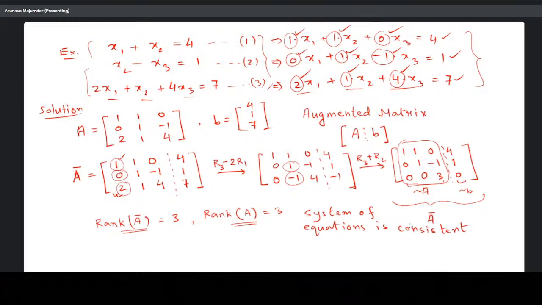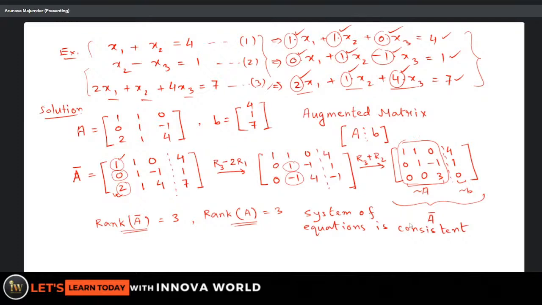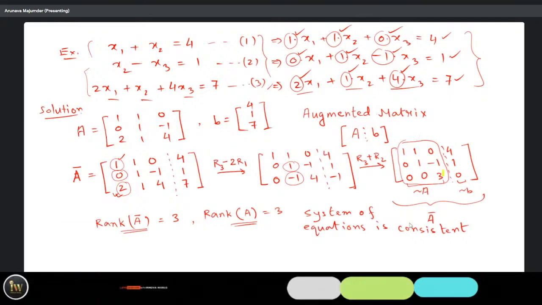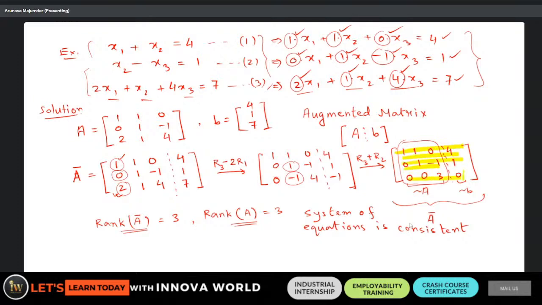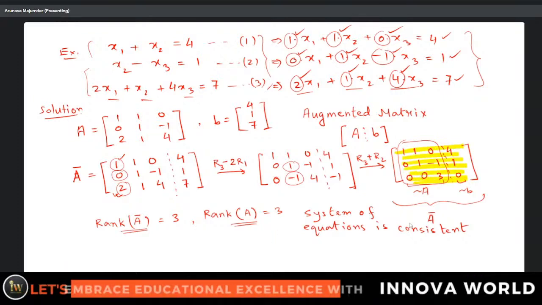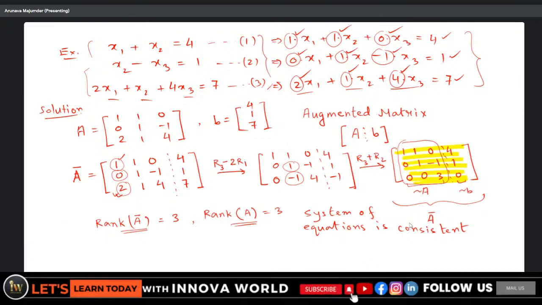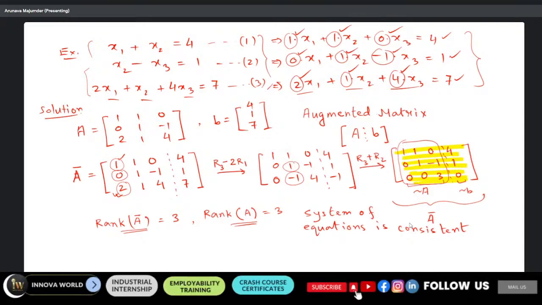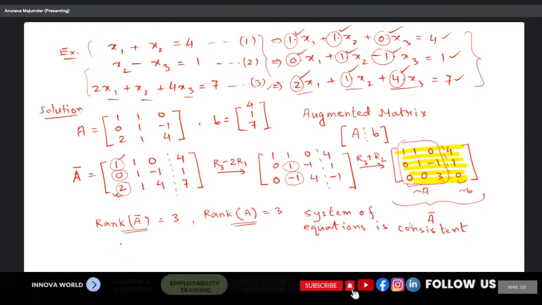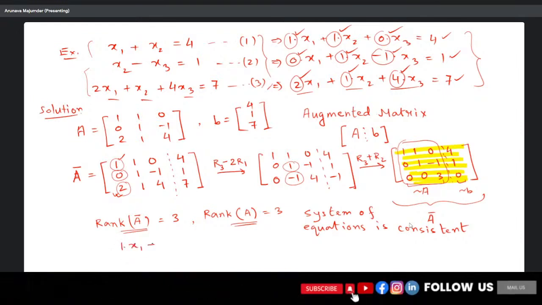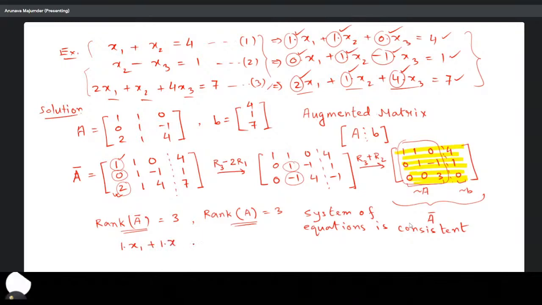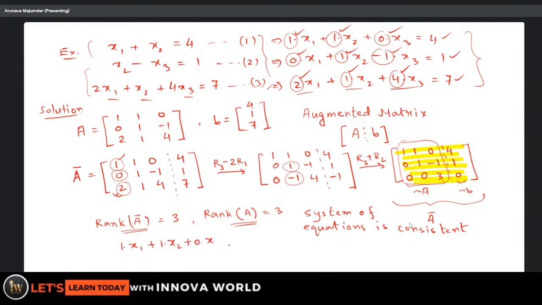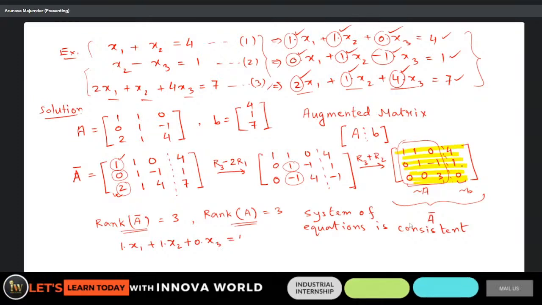Now how can you find the solution? Look at the last matrix very carefully. I'm highlighting the last matrix here. Look at the coefficient matrix. The first row is 1, 1, 0, so we can write it as 1 into x1 plus 1 into x2 plus 0 into x3 is equal to 4.